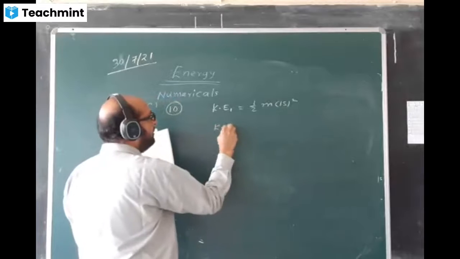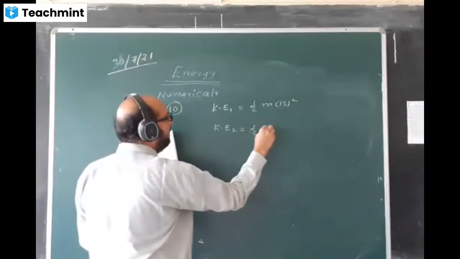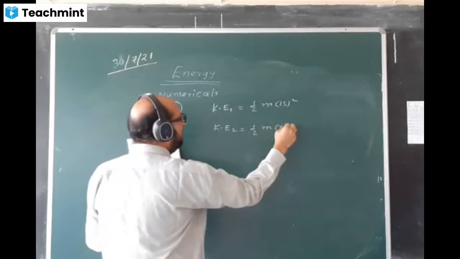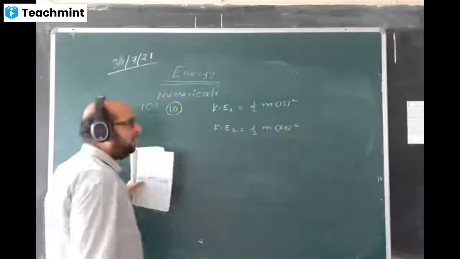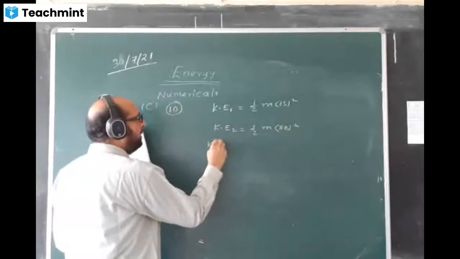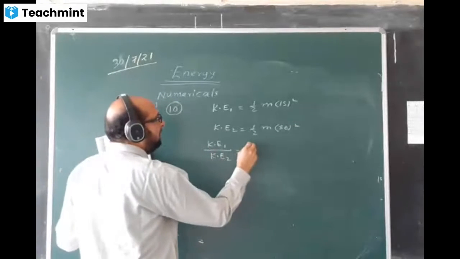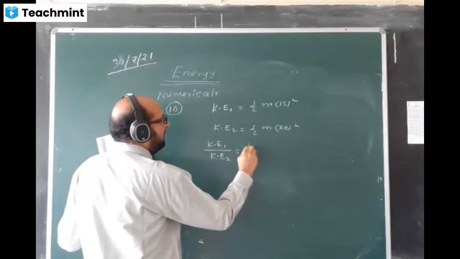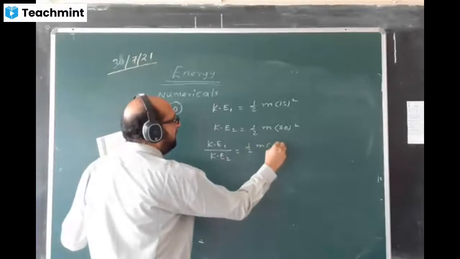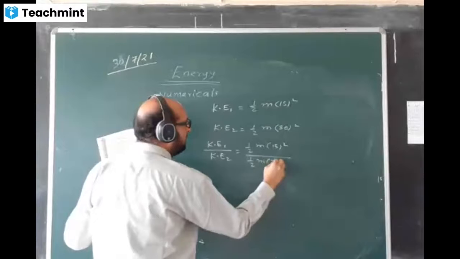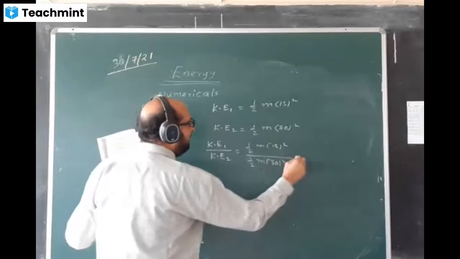Now kinetic energy number 2, half m, new velocity is given 30, right? We have 30 square.